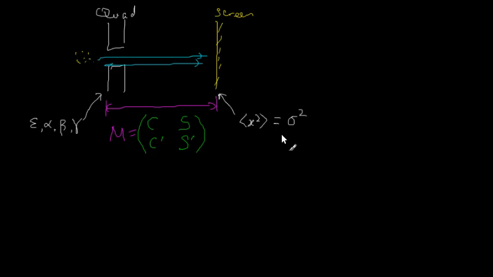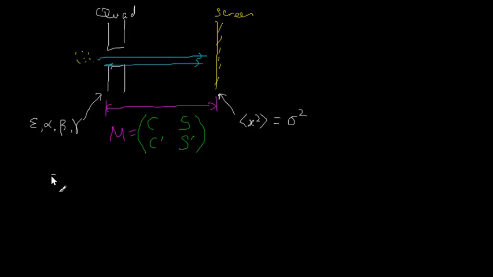Okay, so without going through all the mathematics, I'll just write down the equation based on the theories about twiss parameters and so on, that relates the sigma squared, the beam width squared at the screen, to the twiss parameters.